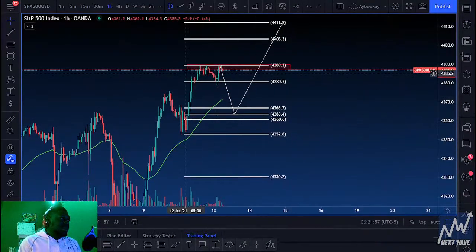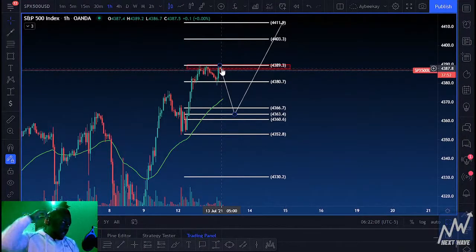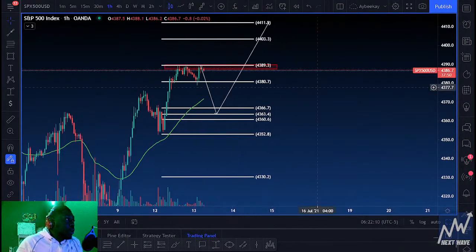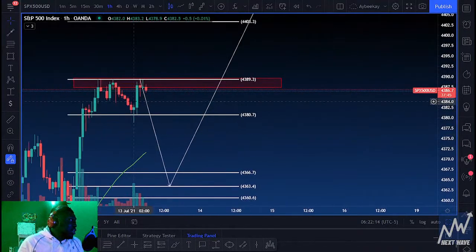But again, this could be a play if anybody wants to take it. Again, I'm pretty sure there's a lot of retail traders seeing this double top and looking for opportunities to sell, and it's justified. But with this 1 hour bearish engulfing candle after, and me seeing this morning star right here, it looks like this is just gonna keep going bullish.